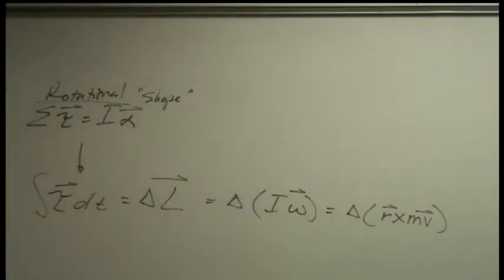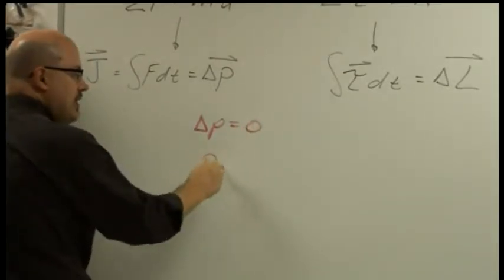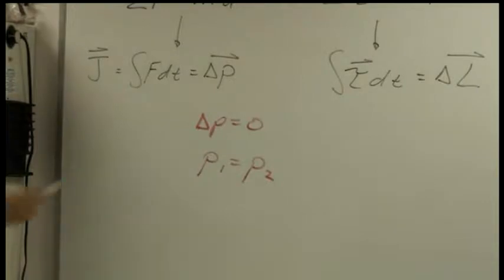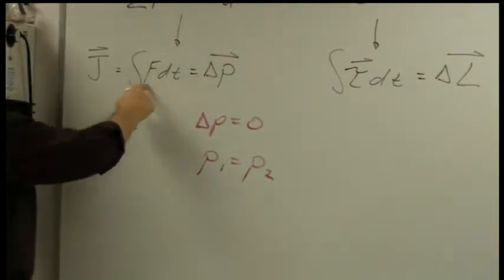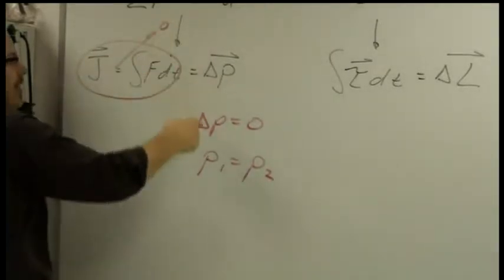Now, here's the deal. If we want to have conservation of momentum, which we talked about, what must be true? What has to be true for this to be true? The net outside force has to be zero. The net outside impulse has to equal 0, and then you get this.